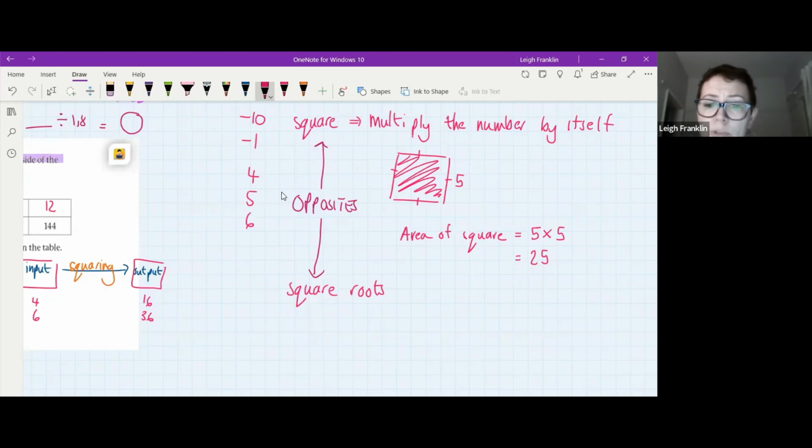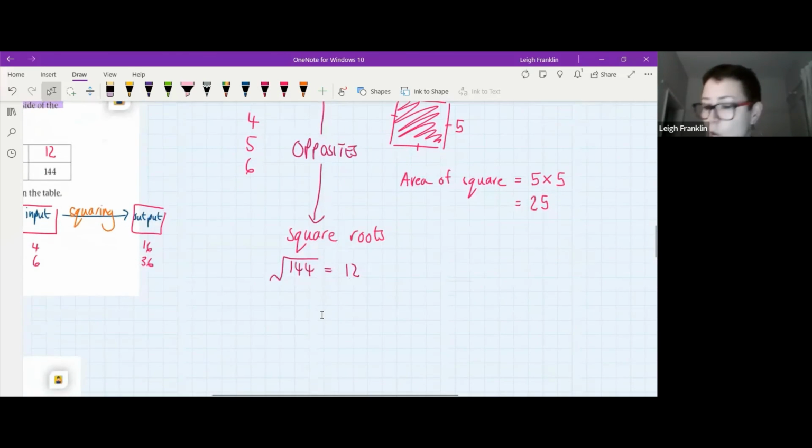When you take a square root, you take a number like 144 and you split it in such a way that the outcome, when it's multiplied by itself, gives you that number again. So I would say the square root of 144 is 12.